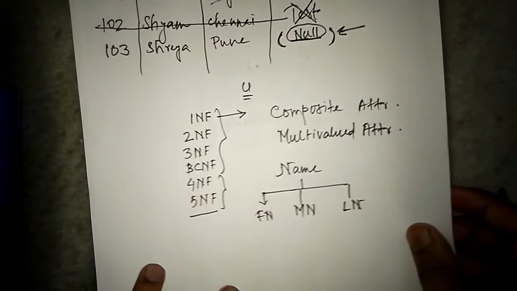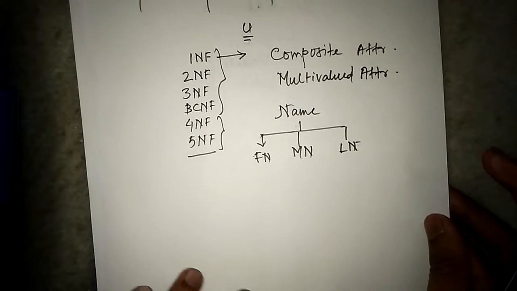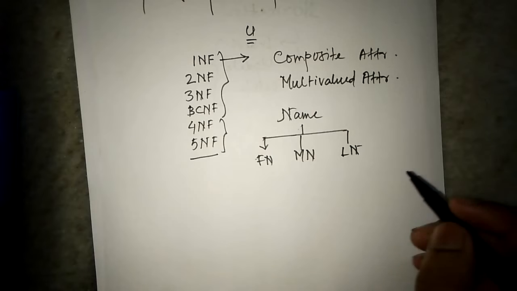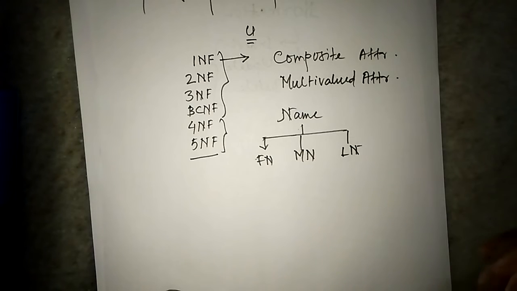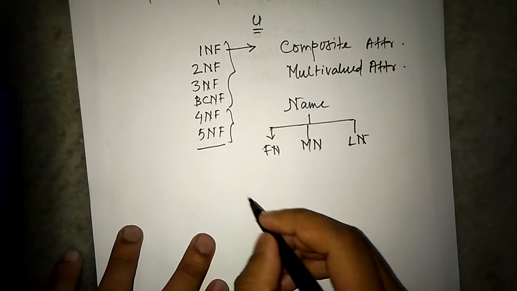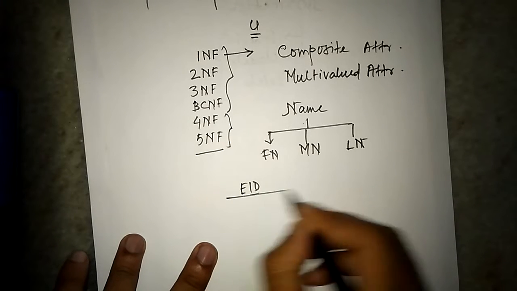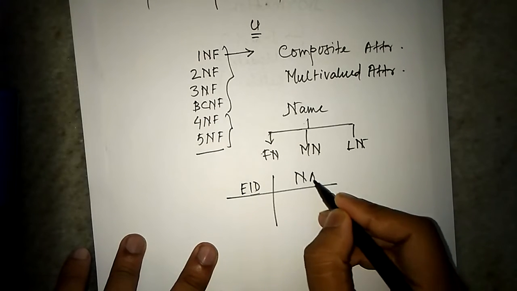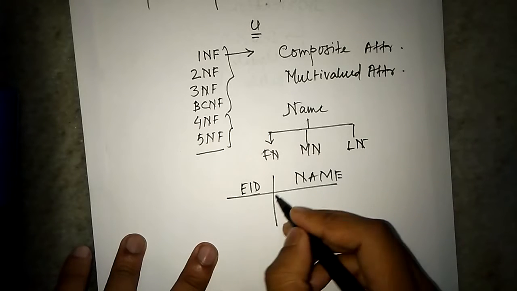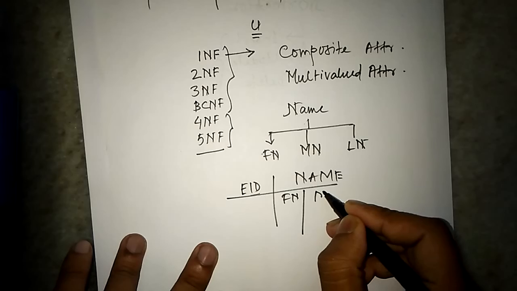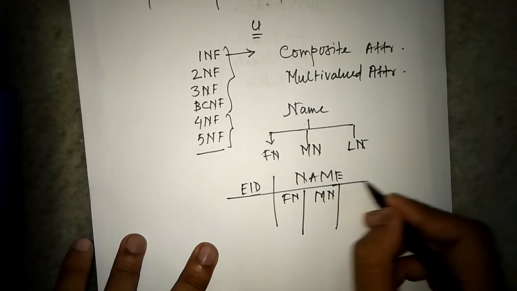Okay, so in first normalization form we said that you cannot take the composite attribute. So you cannot form a table like that: employee ID, name, and under the name FN, middle name, and last name.